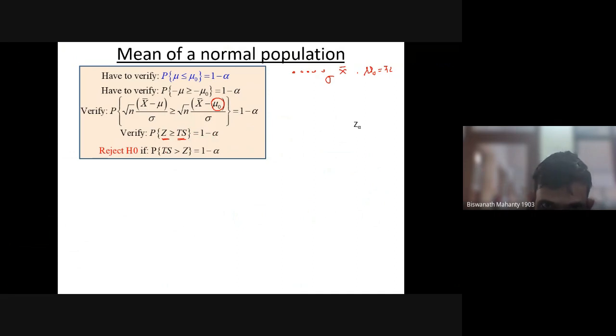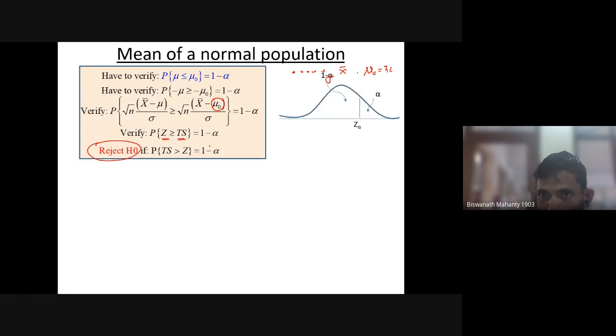What will happen? I just change the symbol. If I say ts is greater than z, then what will happen? I will reject it. So what is the final comment? I will reject your hypothesis if my t statistic value is greater than z, if my ts value is greater than z at 1 minus alpha level.